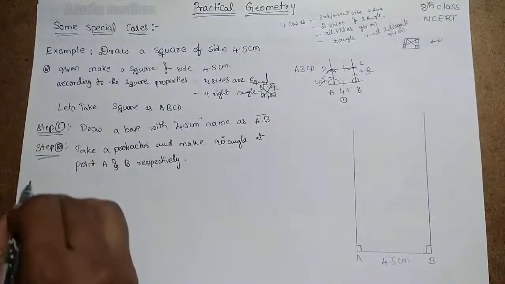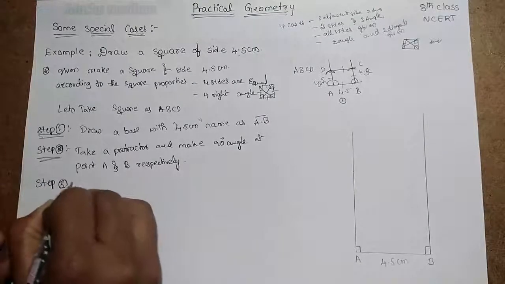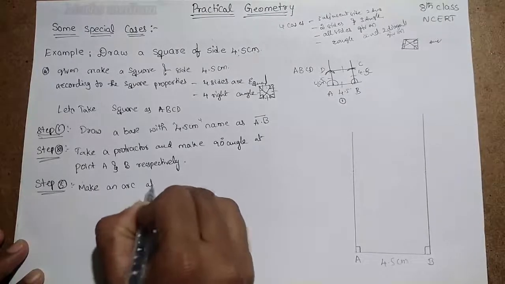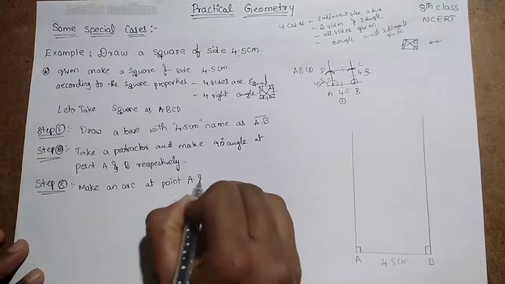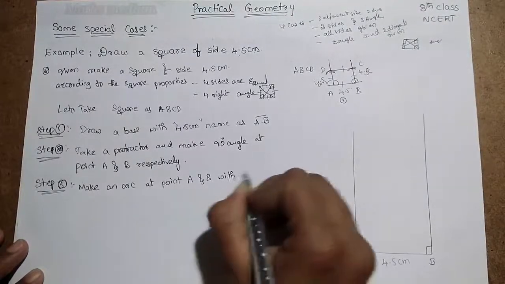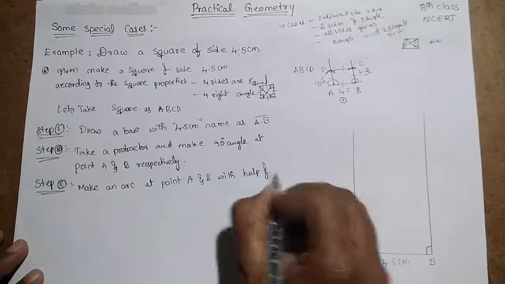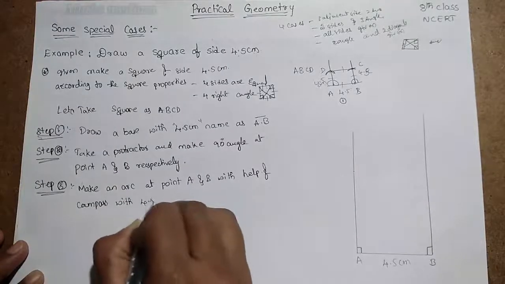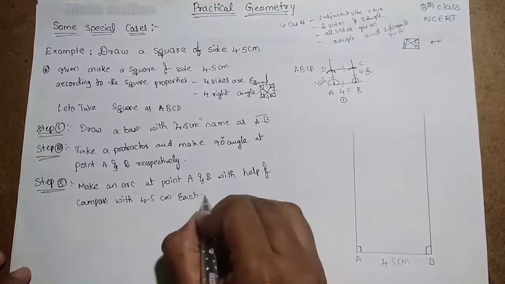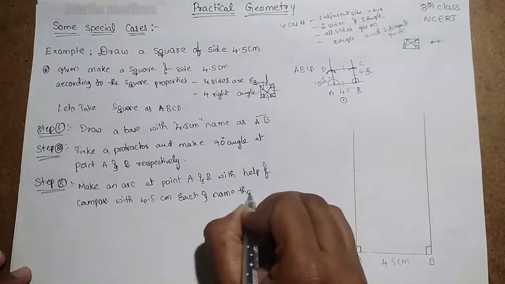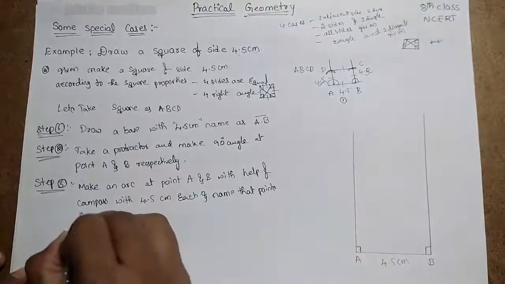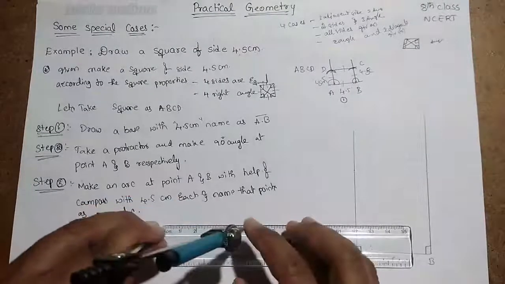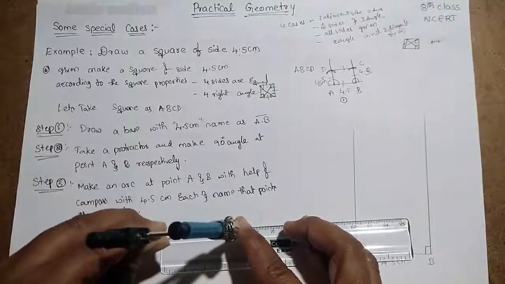Next, coming to the step 3. Make an arc at point A and B with the help of compass with a 4.5 centimeters each, and name that points as D and C. Take a compass, measure 4.5 centimeters with the compass.